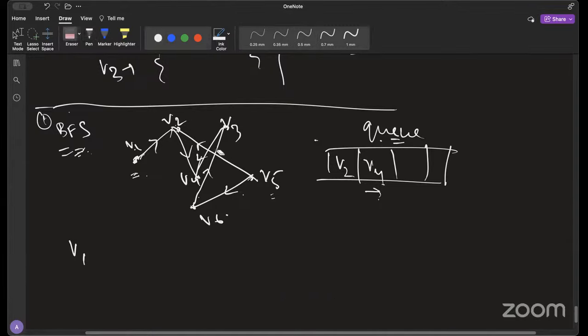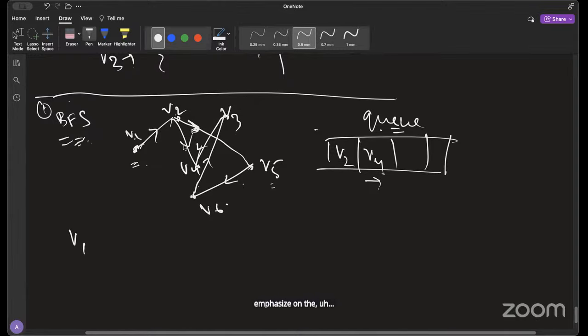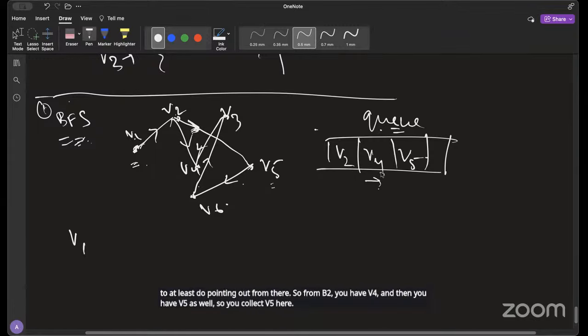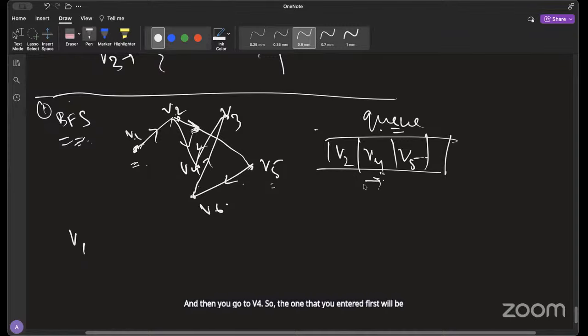okay, then let's just change the edges, to emphasize the BFS approach. We need at least two pointing out from there. So from V2, you have V4, and then you have V5 as well. So you connect V5 here. And then you go to V4. The one that you entered first will be explored first.